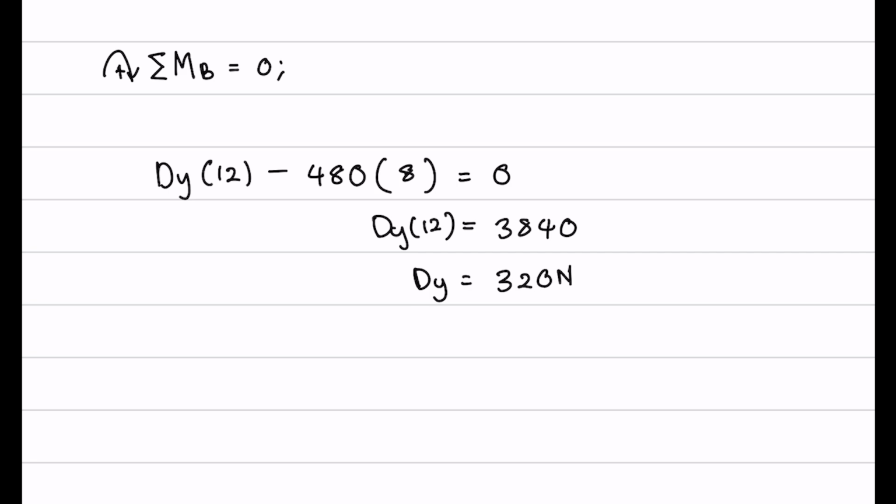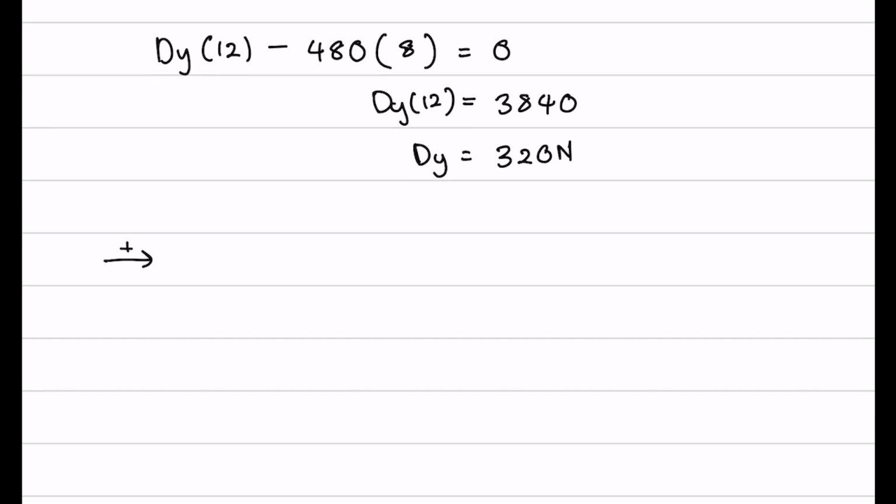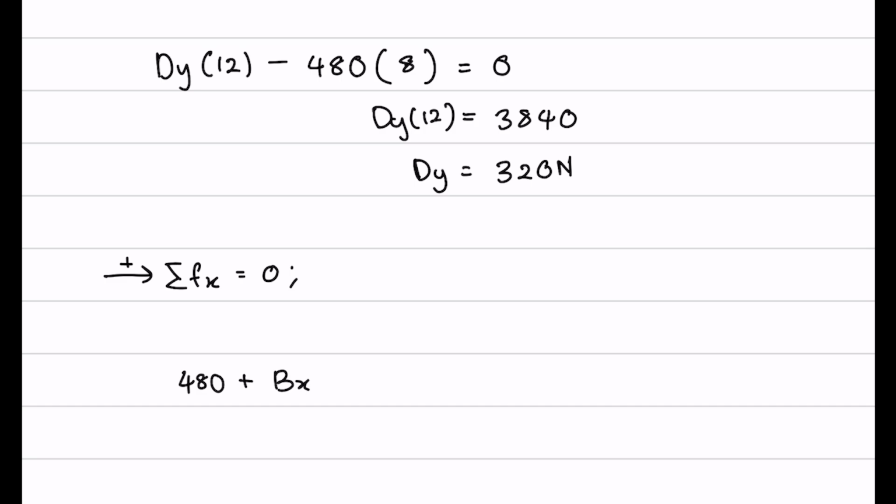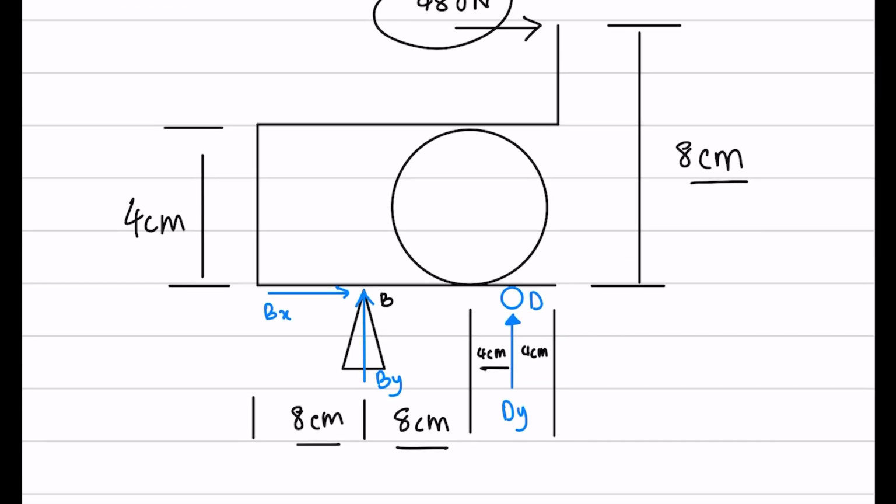After that, we need to find the Fx. Write down the equation. I assume positive is to the right. Fx equal to 0. At Fx, we have P that is equal to 480 plus Bx equal to 0. And then we get Bx equal to negative 480 Newton. Because our assumption is wrong, we need to change the direction.